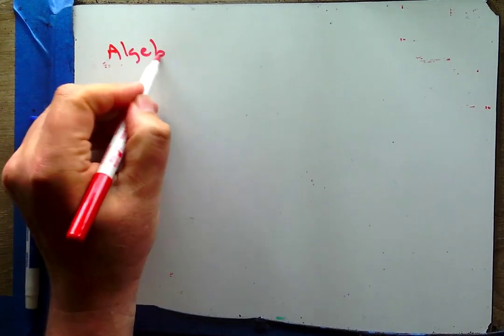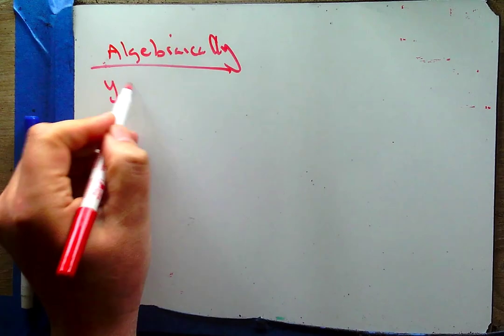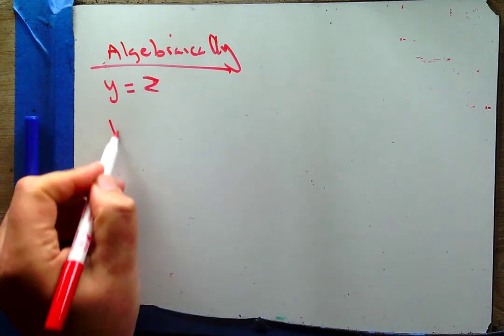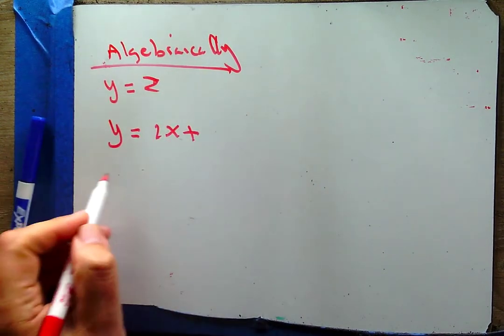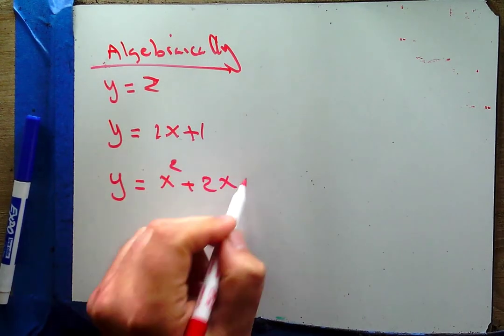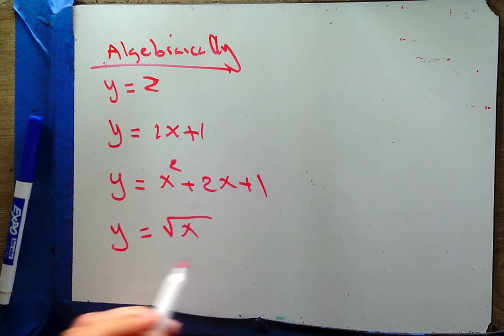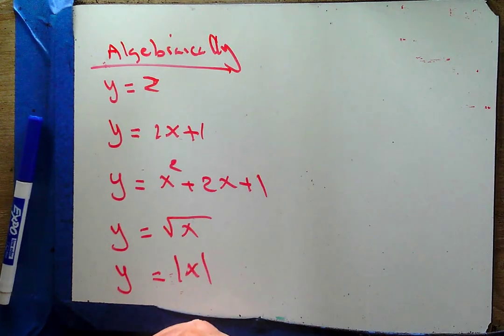Great, so now we have a tabular way of doing this and a graphical way. And then, I want to take a look algebraically for a moment. For example, y equals 2, y equals 2x plus 1, y equals x squared plus 2x plus 1, y equals square root of x, y equals absolute value of x.